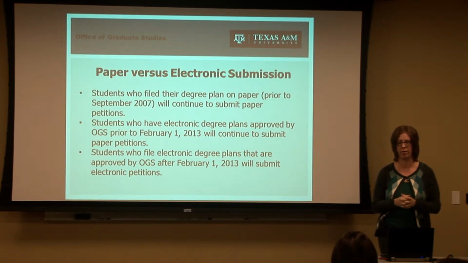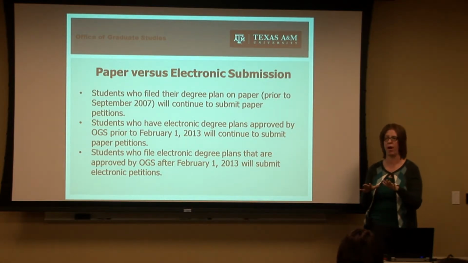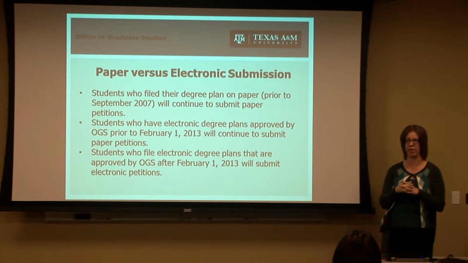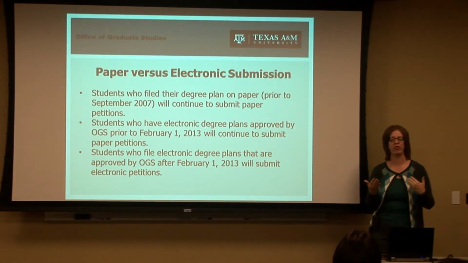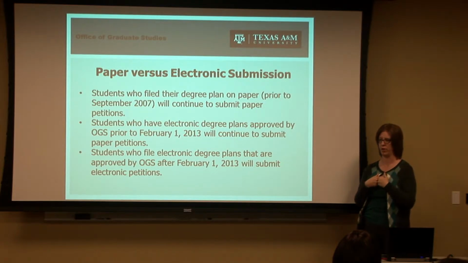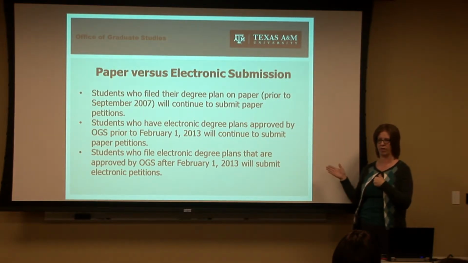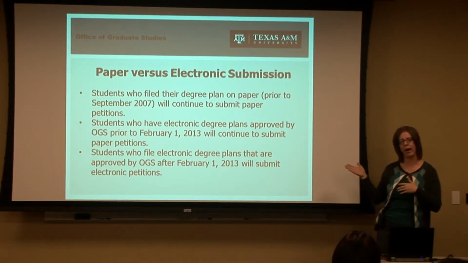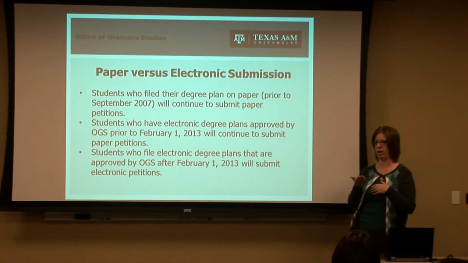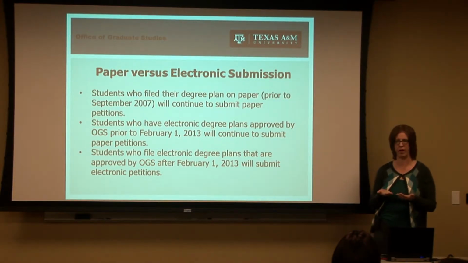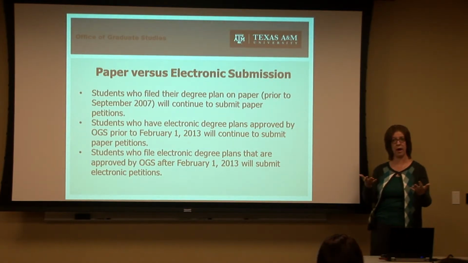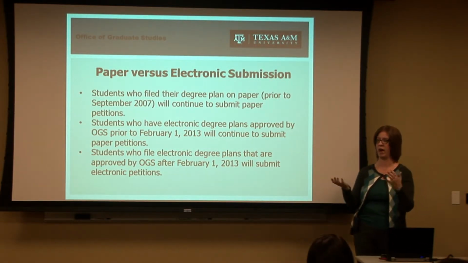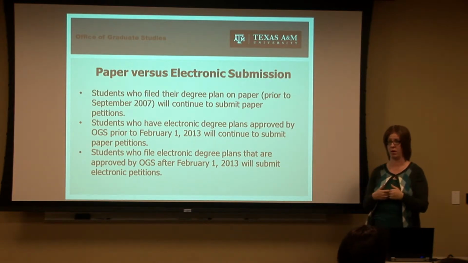Now, we have kind of 2 huge priorities right now that we have the system up and going. The first is that we really haven't changed what we have to do in the Office of Graduate Studies by introducing this electronic system. It does not matter today whether the document comes to us by paper or whether it comes to us electronically. We still have to do the same amount of work on it. What we've done is made it easier for the students and for the faculty to submit the documents.